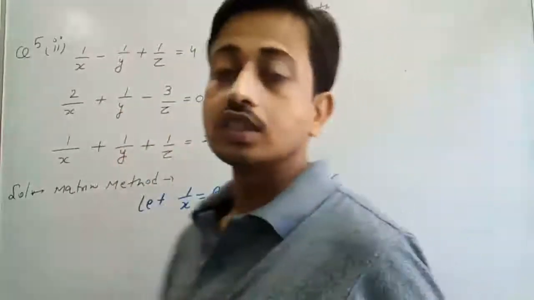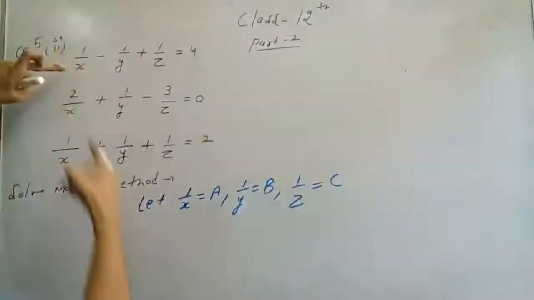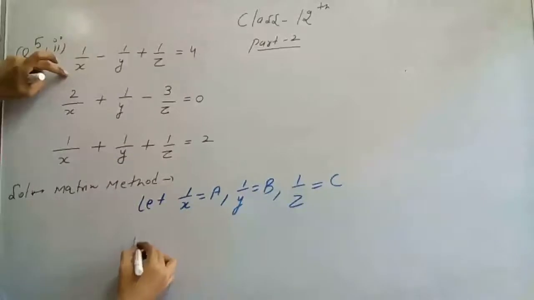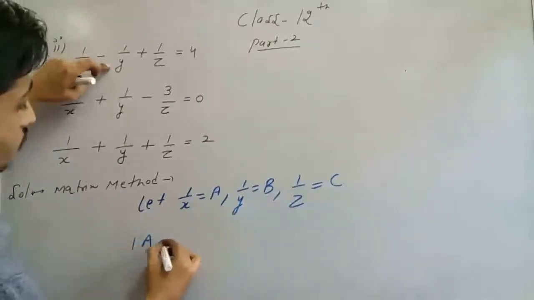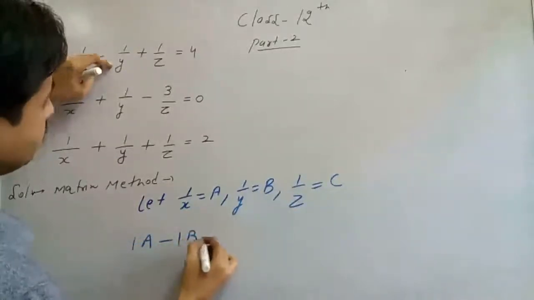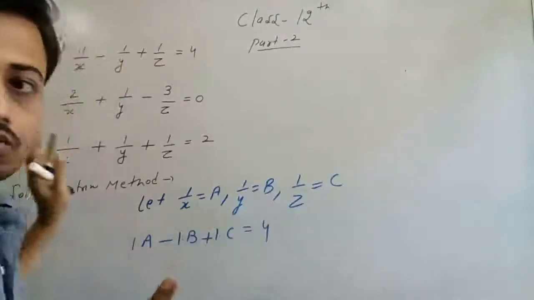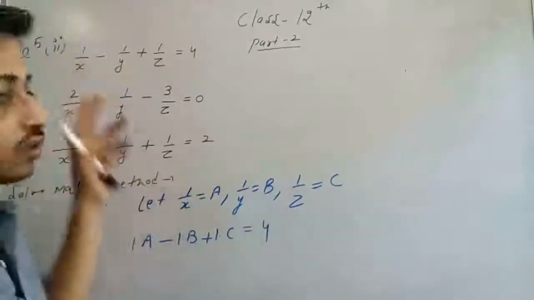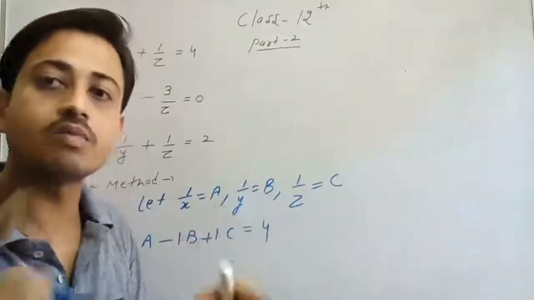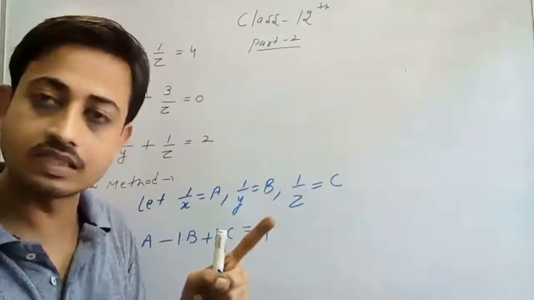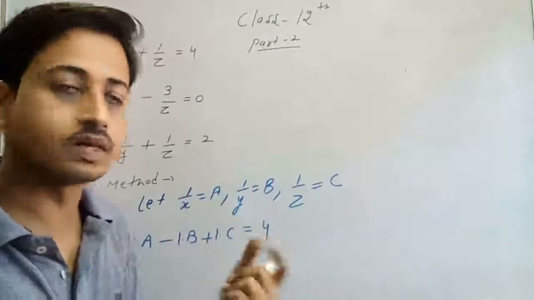Now the equations become 1 into a, 1 into b and 1 into c, which is equal to 4. We put 1 by x as a, 1 by y as b and 1 by z as c. It's very simple.